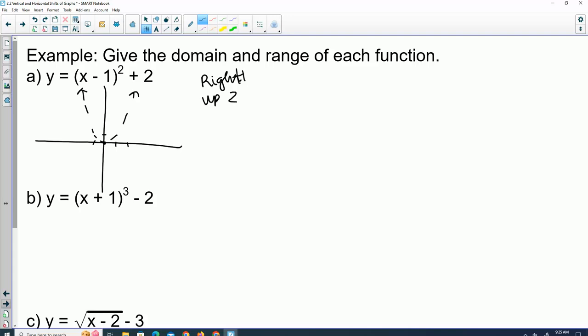So if I move it right, then can you look at that graph and tell me what's the domain of it? Keeps getting wider, so the domain is everything. The range, we can see on the final graph, that solid one, my lowest point is 2. And then it goes up forever. So 2 to infinity, just like you guys told me before I graphed it.